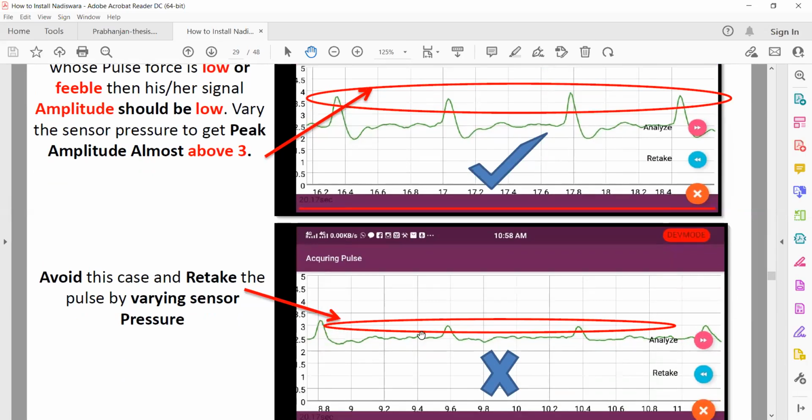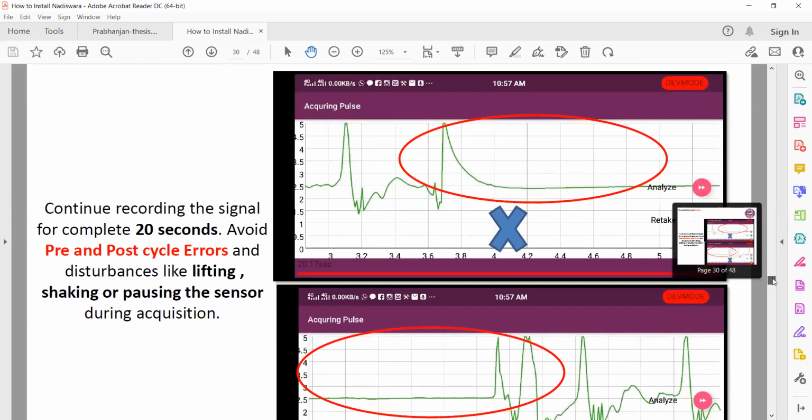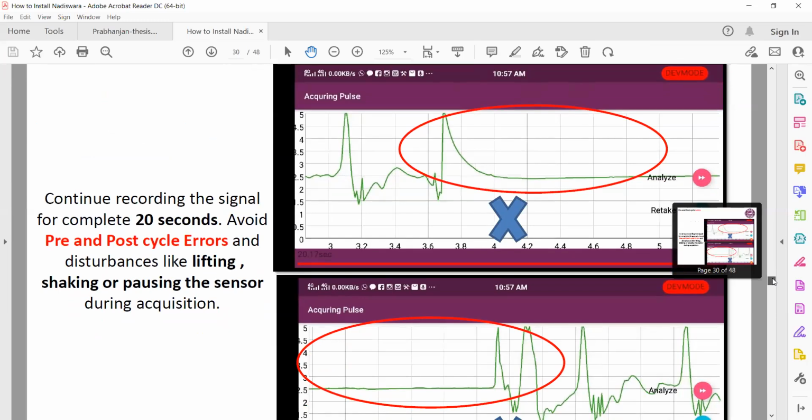As the recording progresses, the amplitude is going down, which is called damping a signal. That means the person is not maintaining a constant pressure while taking the pulse. Maintain constant pressure for a continuous duration of 20 seconds and maintain a regular rhythmic pattern while acquiring the pulse. So we'll get a proper nadi.